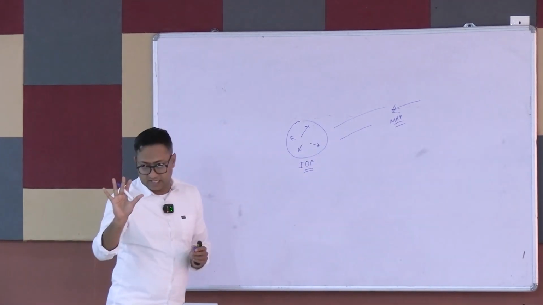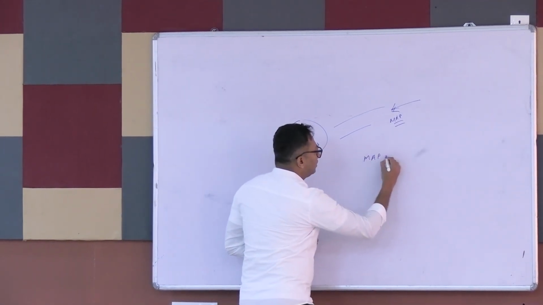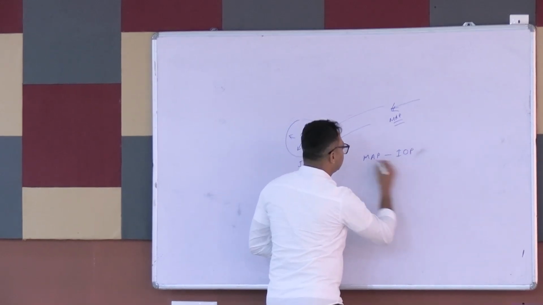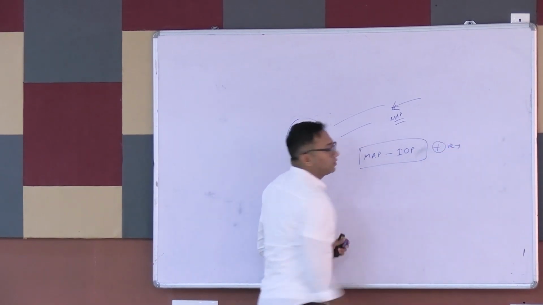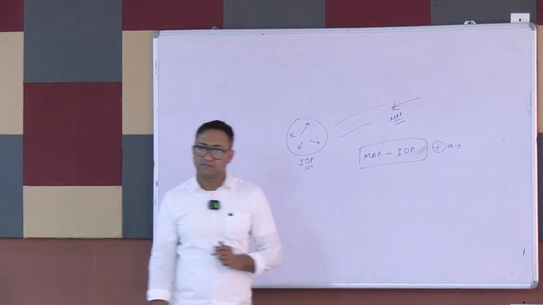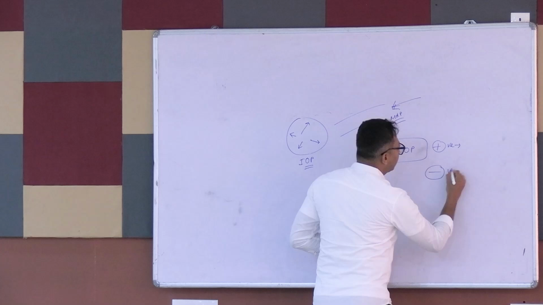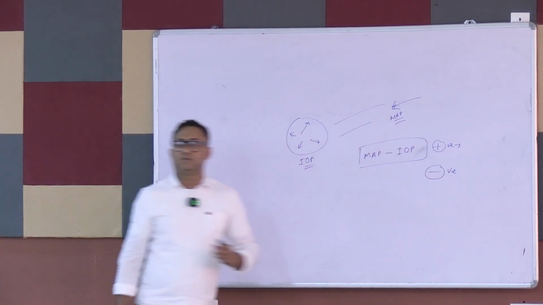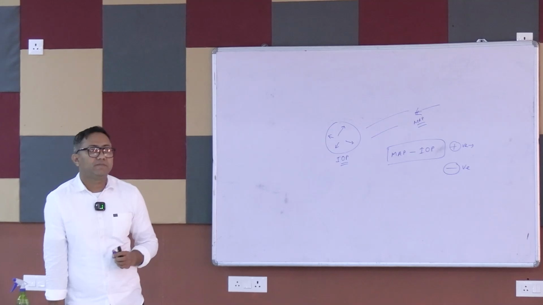So, the pressure head is mean arterial blood pressure minus intra-organ pressure. Once this is positive, there will be blood supply to that organ, and once this is negative, that organ will suffer ischemia, right, getting my point.